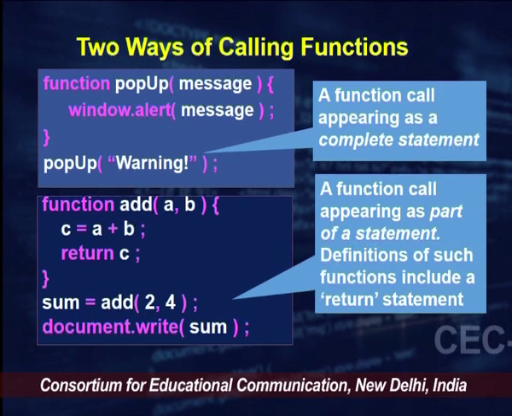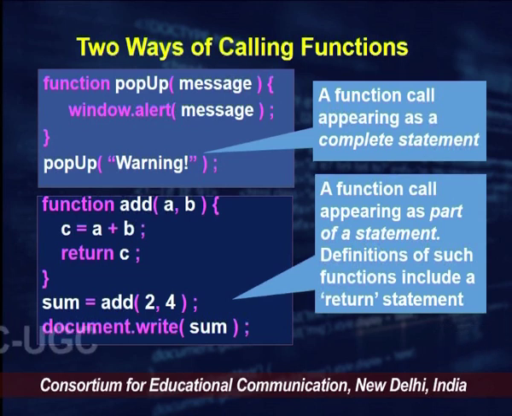Say we have defined a function popup, and it simply alerts whatever message is given to it, and then you call the function by its name and pass the argument to it.